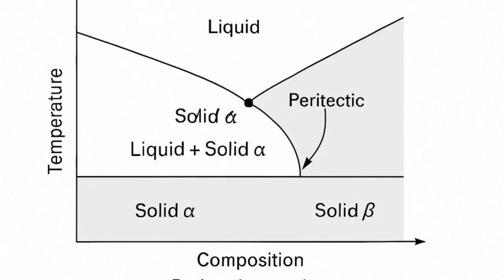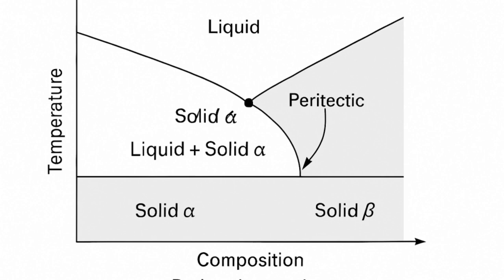Peritectic reactions. Peritectic reactions are another type of invariant reaction in phase diagrams. In a peritectic reaction, a liquid phase reacts with a solid phase to form a new, different solid phase upon cooling.